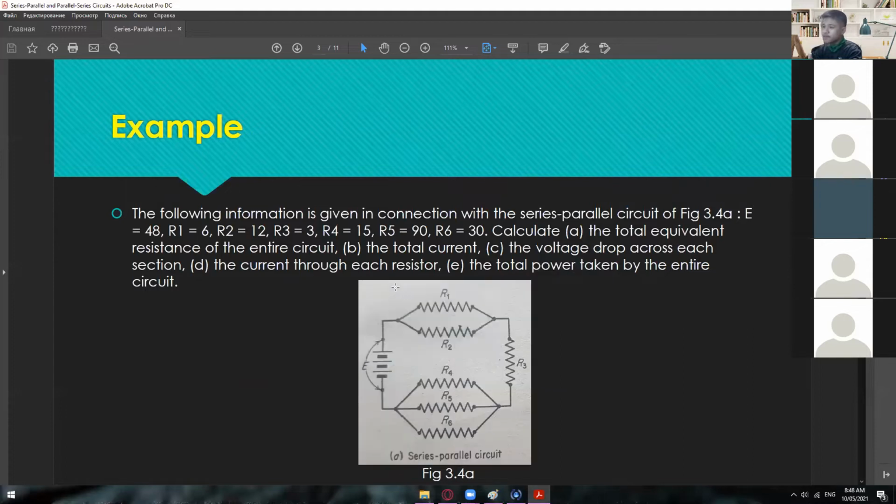So from here, you can solve this one separately by applying the parallel formula. The same with this one, meron tayong series, so you can apply the series formula. And then another section is again parallel, so you can apply here the parallel formula. And then just add those three and then you'll be able to get the total resistance.